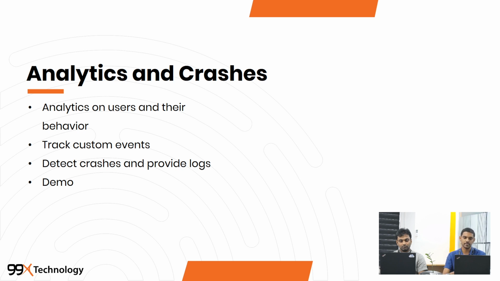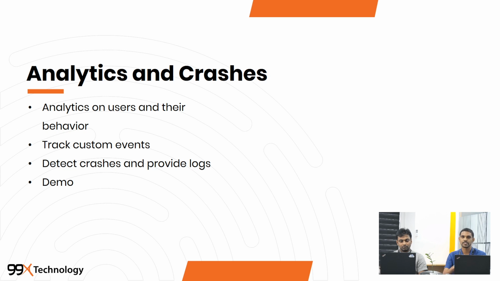Then of course the crashes and logs. Let's say you have a crash in your application. After you ship it, it's not going to be easy to track. In the development phase, of course, you can see the debug output and have a look at what's going on with your application. But when it comes to a production application, Google lets you have a look at the crashes.